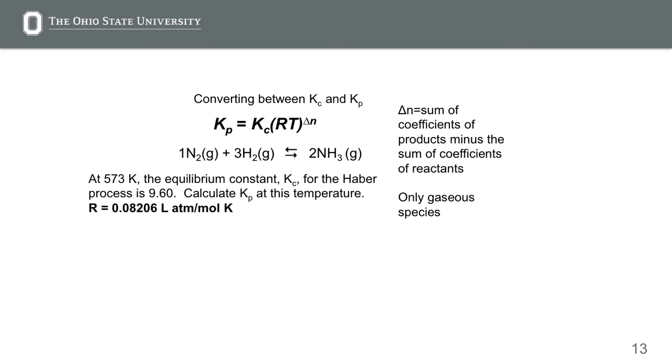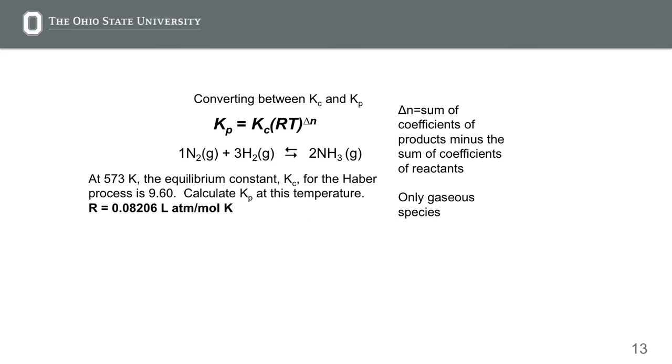Okay, so I think last time we calculated the equilibrium constant for our ammonia formation at 573 Kelvin, and we found that K is 9.60. So using that, we can calculate Kp.